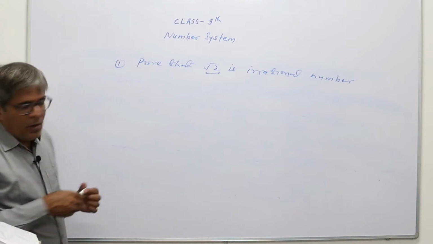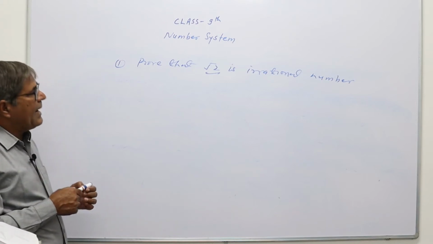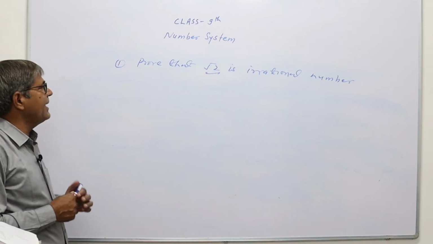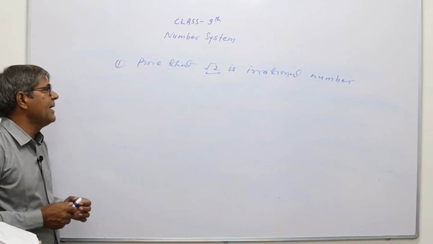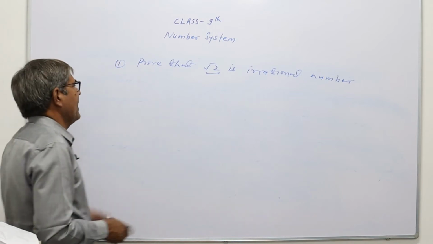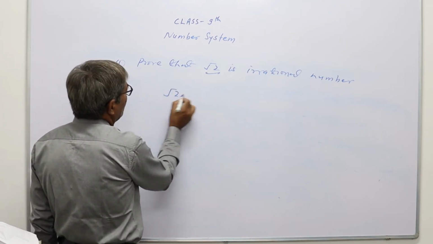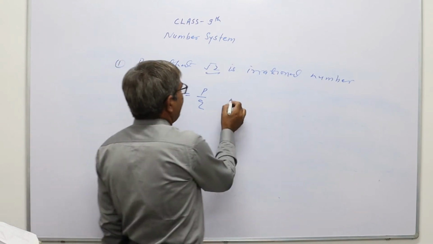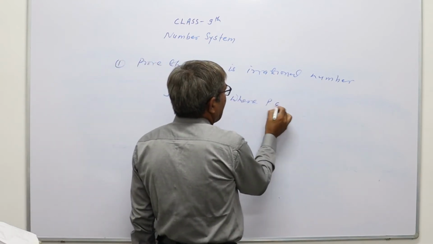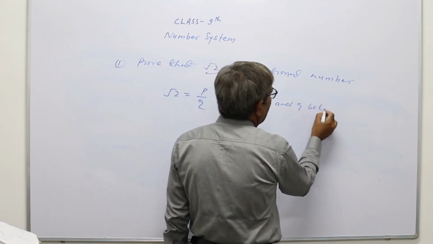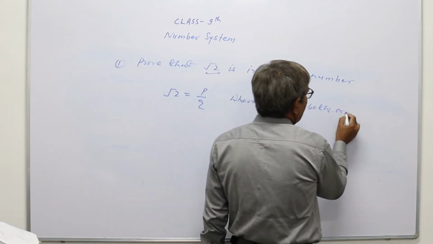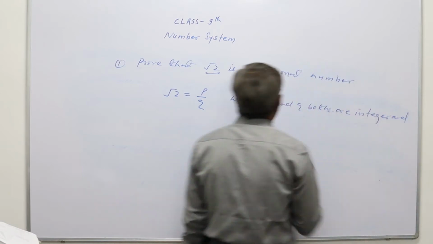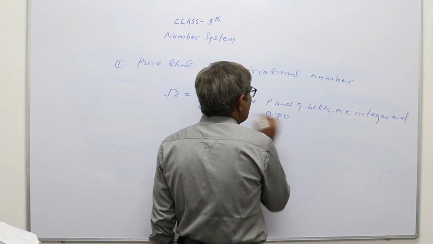So by the method of contradiction, if it is possible, let root 2 be equal to p upon q, where p and q both are integers and q is not equal to 0.